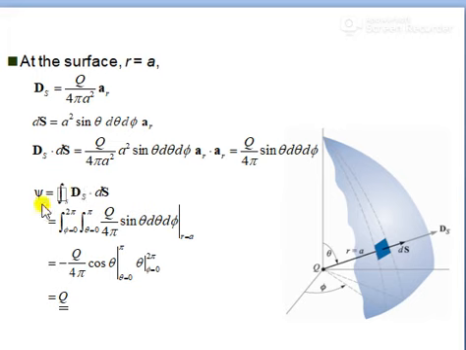Now after integration we want Q, that is psi over the closed surface is D dot dS, where the surface value can be phi equal to 0 to 2 pi and theta equal to 0 to pi, integrated over the value simplified as Q by 4 pi sin theta d theta d phi at r equal to a.